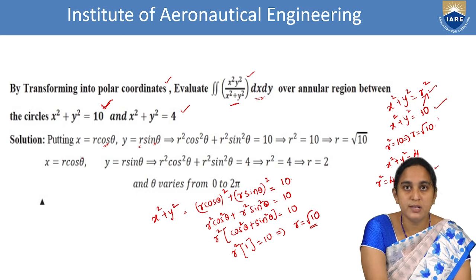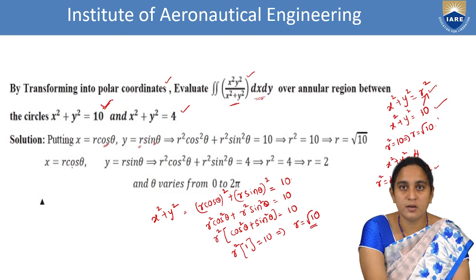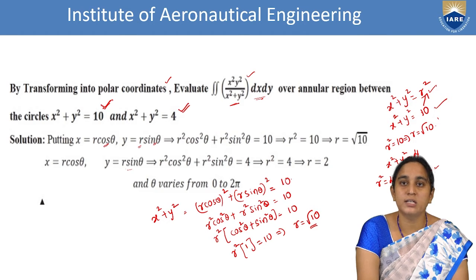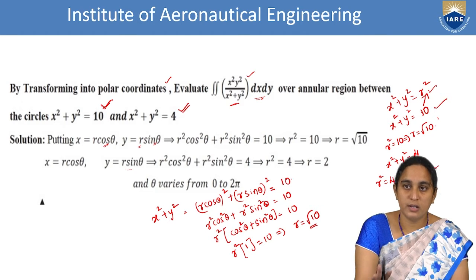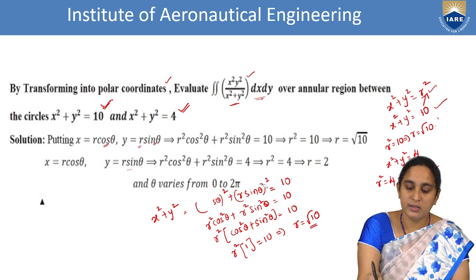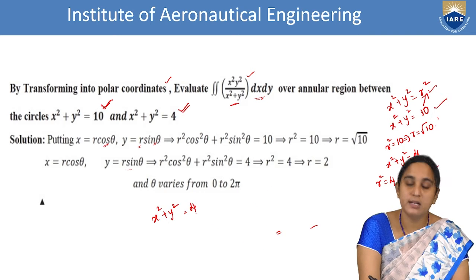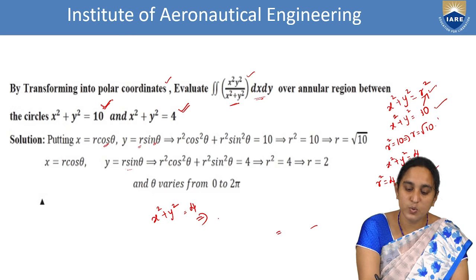Similarly, I am substituting x is equal to r cos theta and y is equal to r sin theta in the second circle equation. From that, I got r is equal to how much? 2. Okay, r is equal to 2. Here x square plus y square is equal to 4. That is the second circle equation. From that, x square plus y square means r square cos square theta plus r square sin square theta is equal to how much? 4.